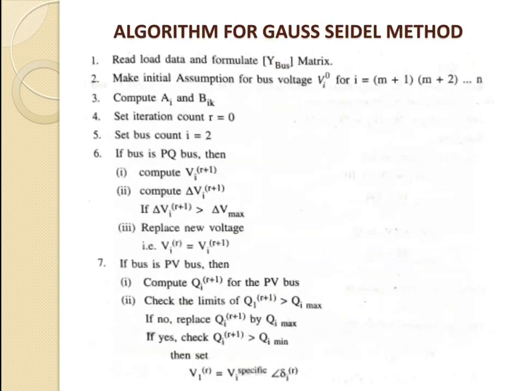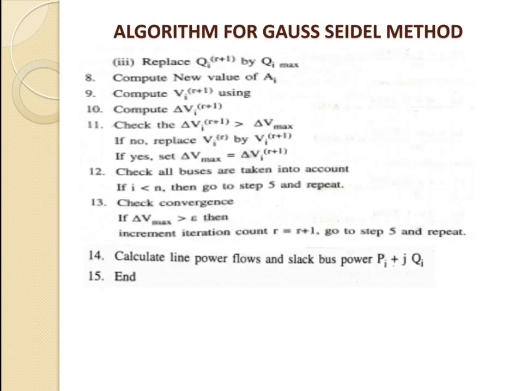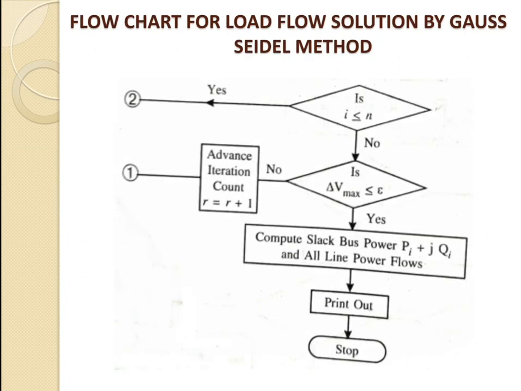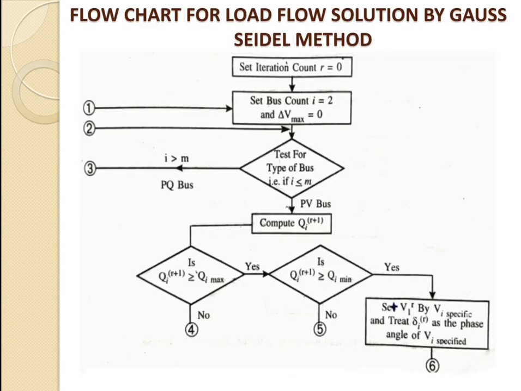Then in that step we have to check whether del V r plus 1 is greater than del V max. If no, then replace the VIR by VIR plus 1, and if the condition is true, then set del V max equal to del V IR plus 1. So now in the table we will check the condition.